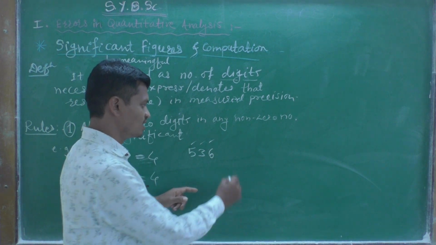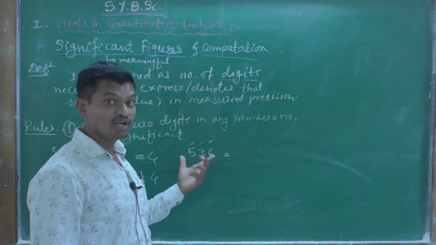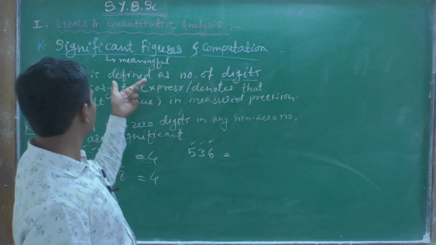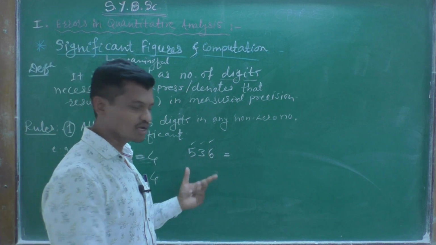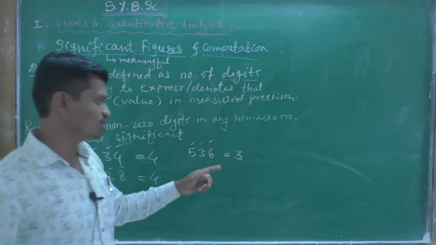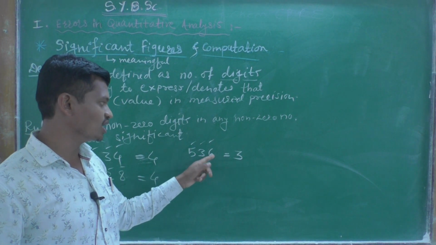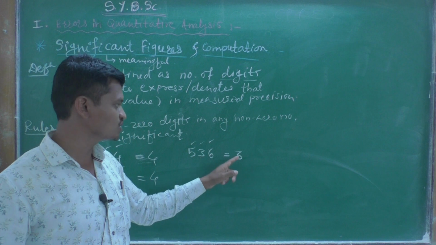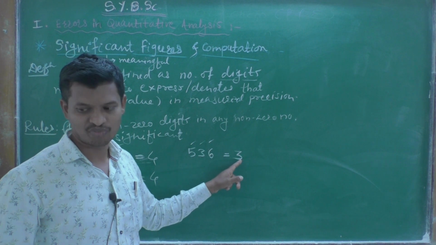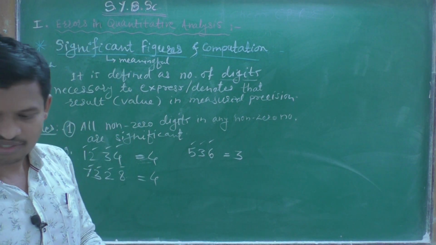So the significant figure of this number is 3. All these 3 digits are significant, so the significant figure is 3.